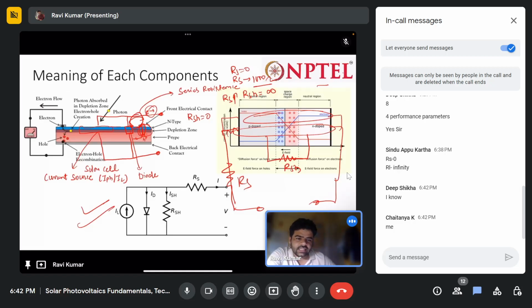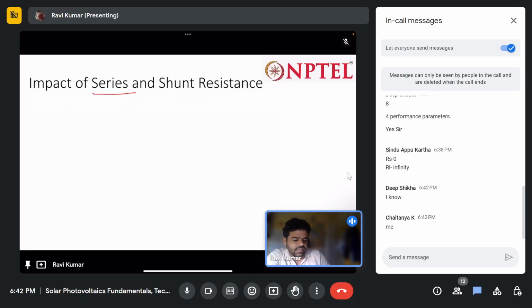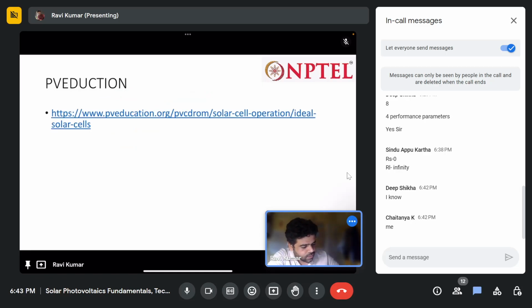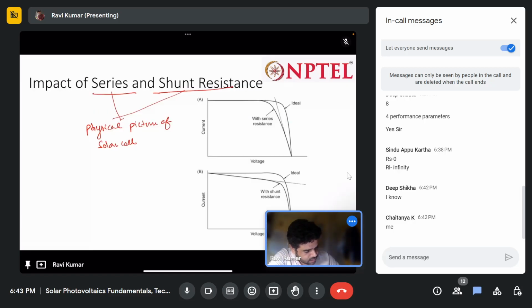Okay, so the next thing is the impact of series and shunt resistance. I told you from both things we can get a physical picture of the solar cell. And if we just take an IV curve, let's say this one, this is the impact of series resistance and this is the shunt resistance.